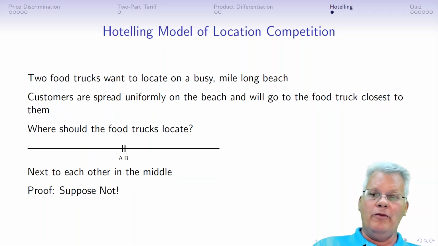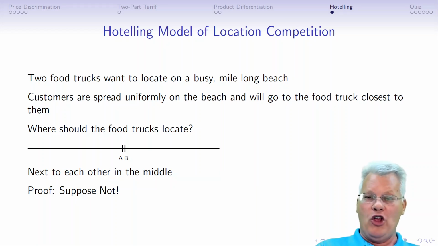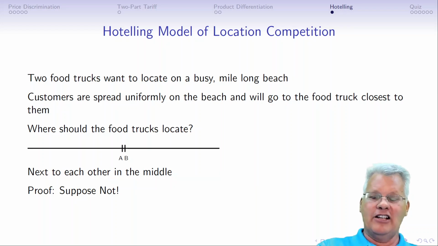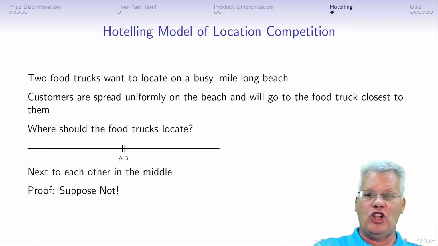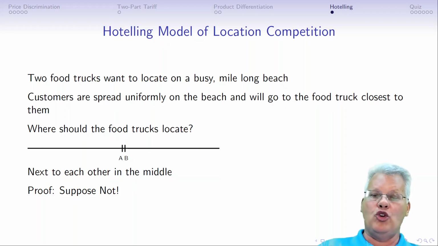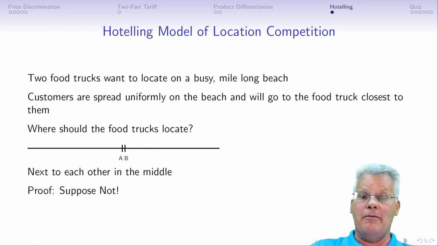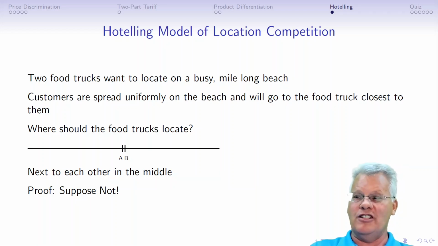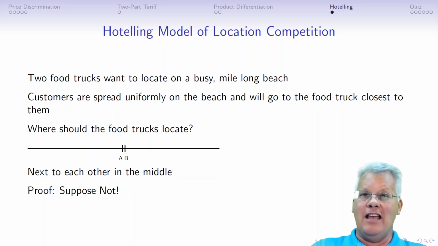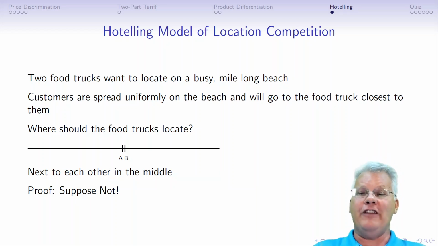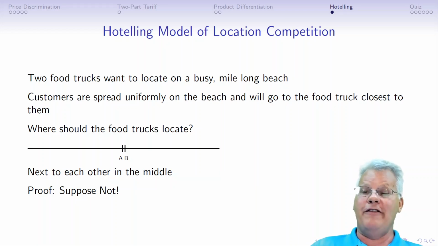If we assume that consumers are distributed uniformly over the beach, and customers go to the food truck that's closest to where they're located, the customers that now are between A's new location somewhat to the left and B's location in the middle, there will be some customers between those two locations, and food trucks A and B will split them 50-50. But food truck B still gets everyone to the right of them.